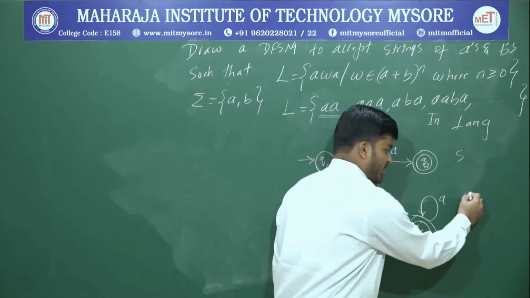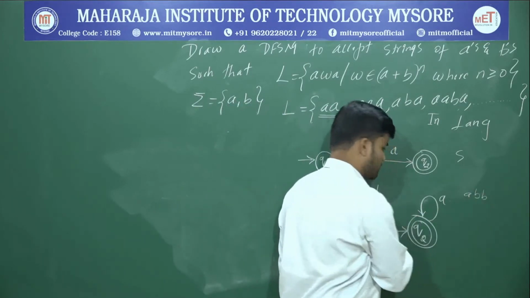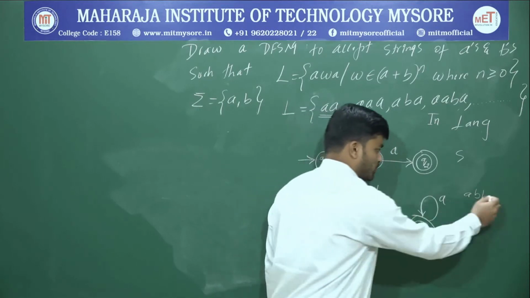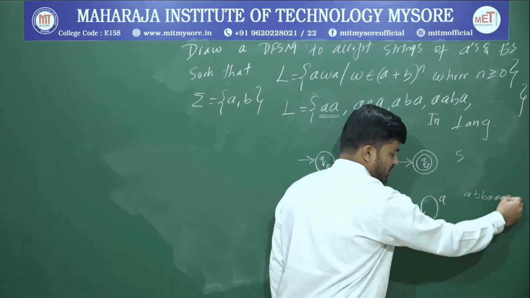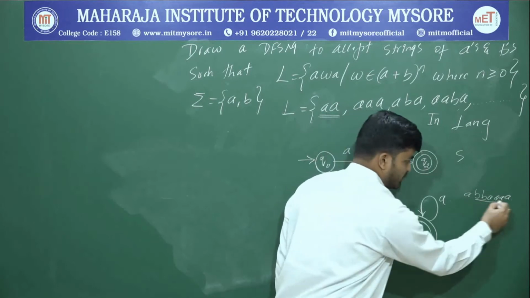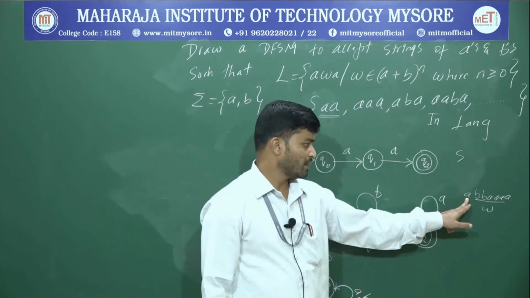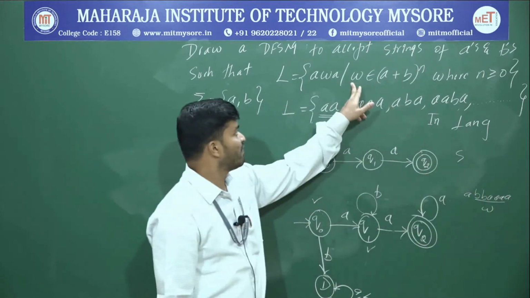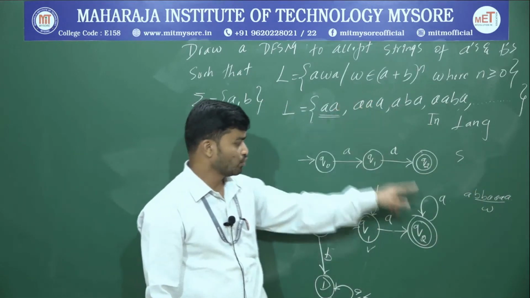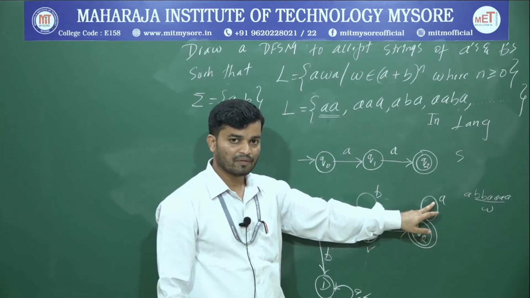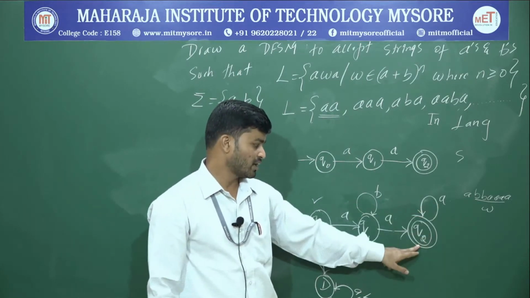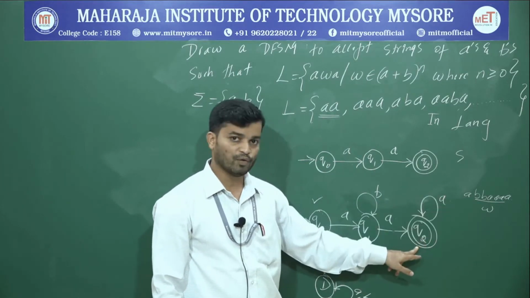Assume 1 or 2 B's because of the loop, again one more A, then I can have n number of A's. If I consider this as W, then a string starting with A and ending with A is a valid string. Therefore loop upon A is correct. So we can write loop upon A for Q2.